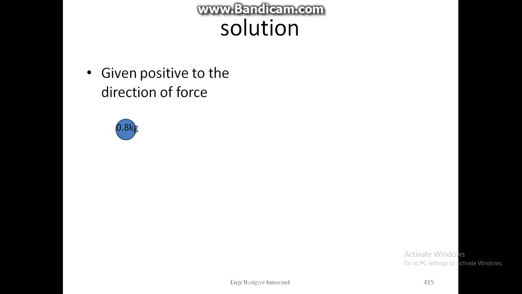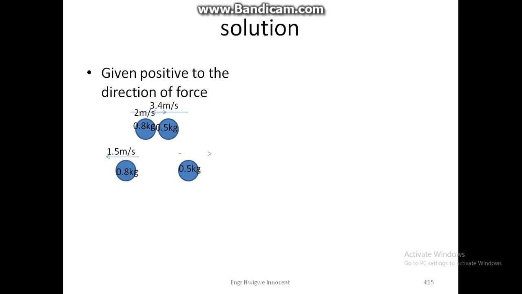Solution. Giving positive to the direction of force, two balls move towards each other. The first ball of mass 0.8 kg has a speed of 2 meters per second, while the second ball of mass 0.5 kg has a speed of 3.4 meters per second. When they collide, they bounce and go in the opposite direction.